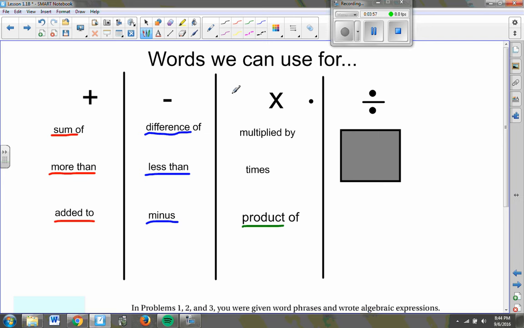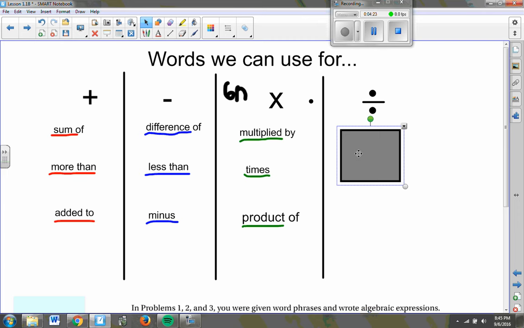Or we could just see something like 6n, right? We don't even need a symbol between it if it's just a letter and a number. So 3 options for you to use when we're talking about multiplication, which we will most often see like this with just a number and a letter, or with our dot, not usually with our x. We can say multiplied by, times, or the product of.